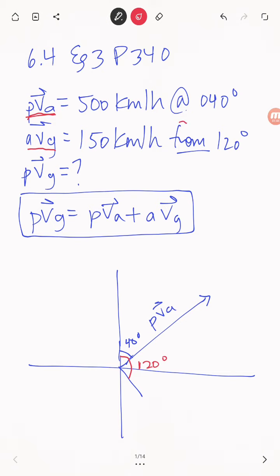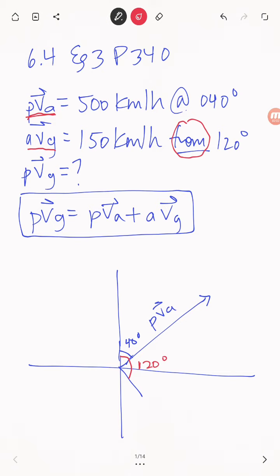Now, I really want you to pay close attention to this "from a bearing" business, because that is a little bit tricky and usually causes a lot of issues with doing proper solutions for this type of question. So I'm going to show you that in detail in a minute on my vector diagram below.